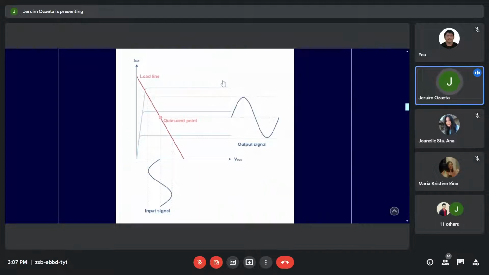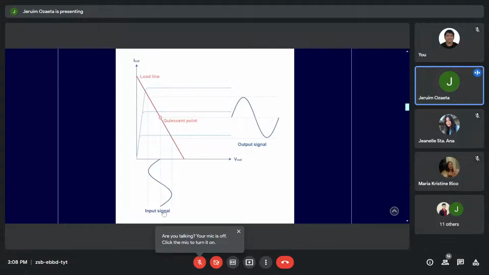What is this figure? If the input signal is reflected to the point in the amplifier such that it indicates where the conduction is, the input current reaches its conduction value. Okay, so this point reflects the output at this point.